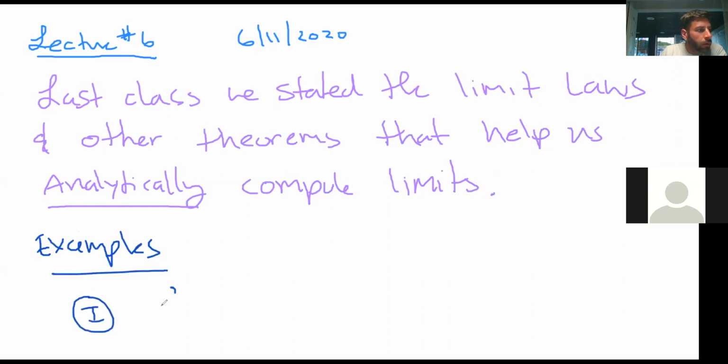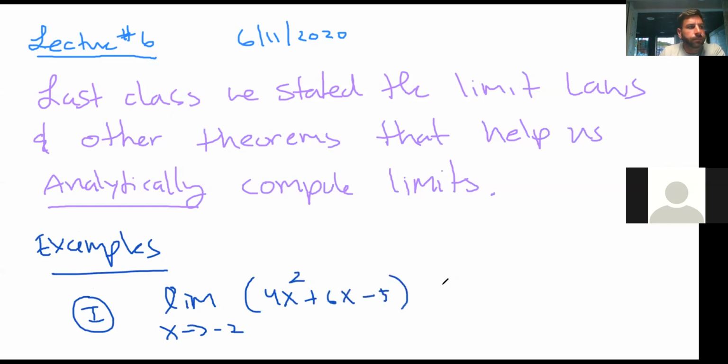Let's start with something like this: the limit as x goes to -2 of 4x squared plus 6x minus 5.